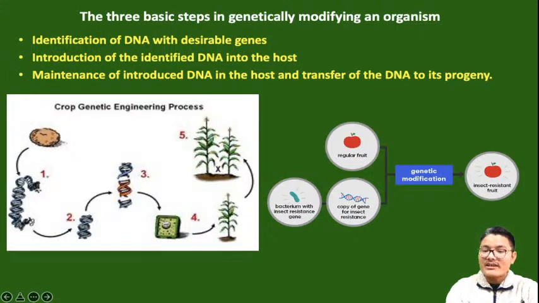We are introducing a new gene from bacteria, and that gene will give the apple tree resistance to insects. That kind of process is modification of an organism. Particularly here we have the apple tree, right? The apple plant, and in this way that apple will be resistant to insects.